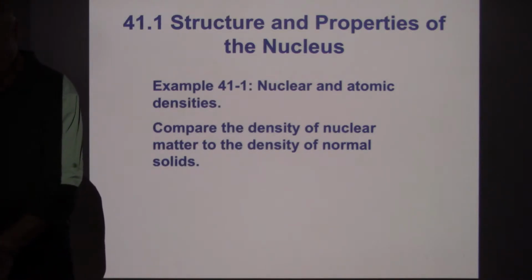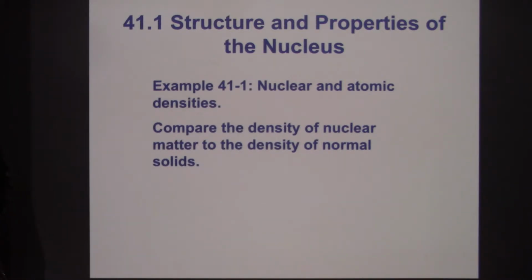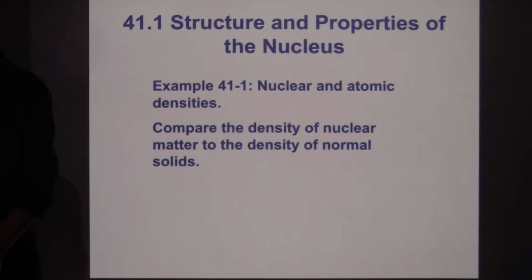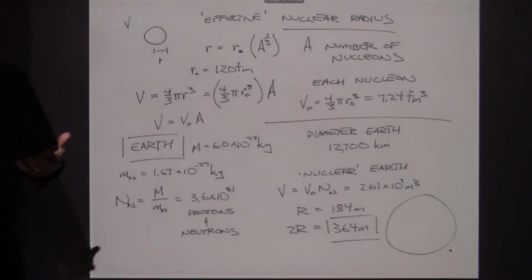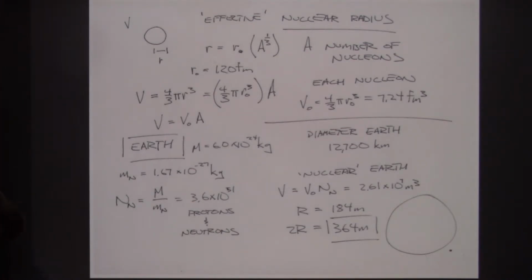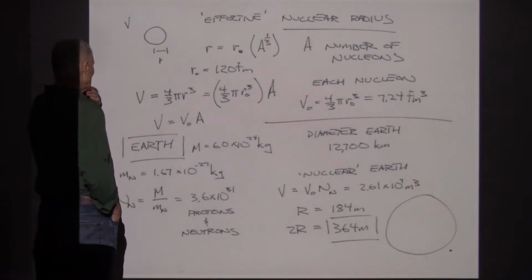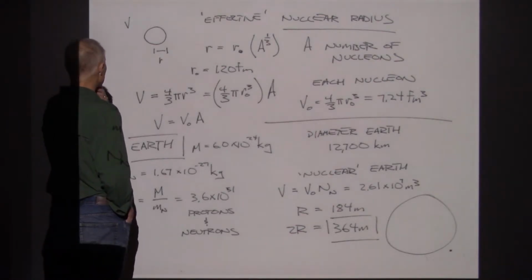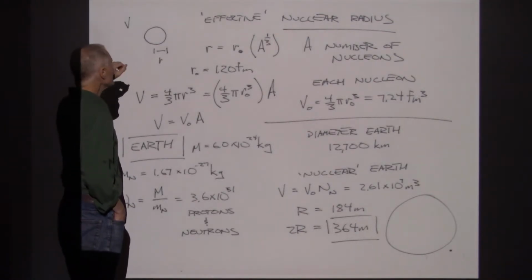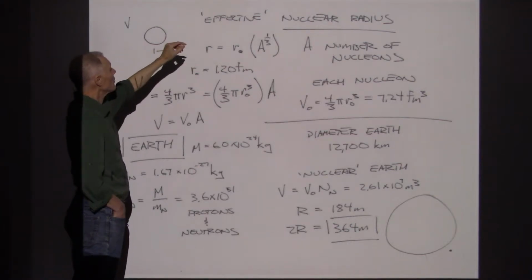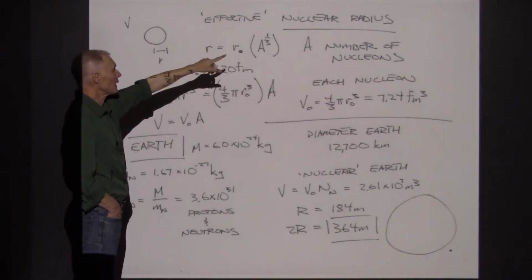Let's see here. So nuclear versus atomic densities. So compare the density of nuclear matter to the density of the stuff around us. Now the stuff around us, let's see, what's a good way to approach this? So we're going to say that there's an effective nuclear radius.